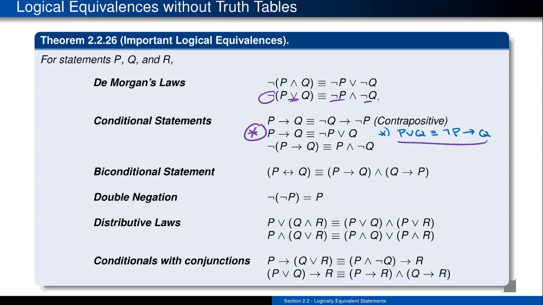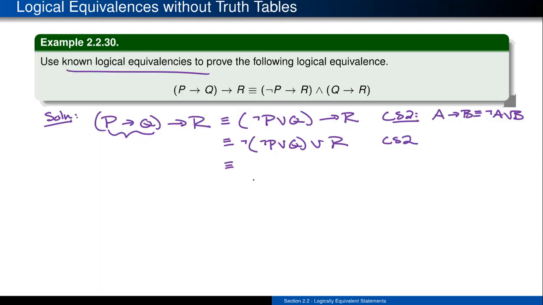What's going to happen is that both pieces are going to pick up a negation operator, and the thing in the middle is going to switch. Right now it's listed as an OR, so it's going to become an AND. Giving the negations in, I'm going to pick up a double negation on that P, which we know how to handle. The middle part is going to flip into an AND. I'm going to have a negation of Q, and then that OR R is still going to be hanging out on the outside. So this was using De Morgan's.